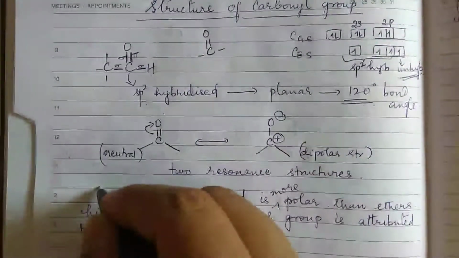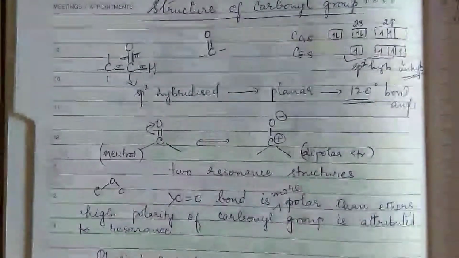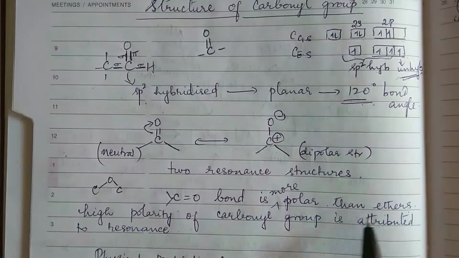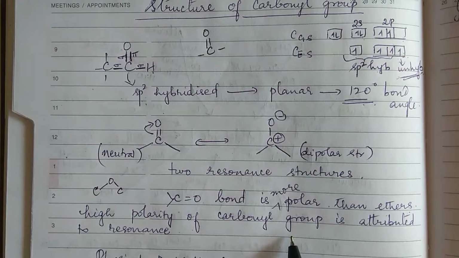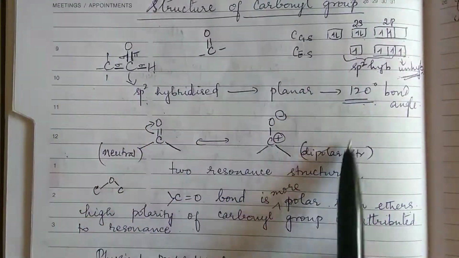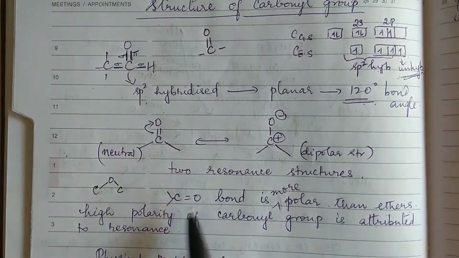Ethers, what is there? C, O, C. This is your ether, is it not? Now here, the C=O is more polar than ethers. The high polarity of the carbonyl group is attributed to resonance. Because it shows resonance stabilization, this carbonyl group is said to be highly polar.